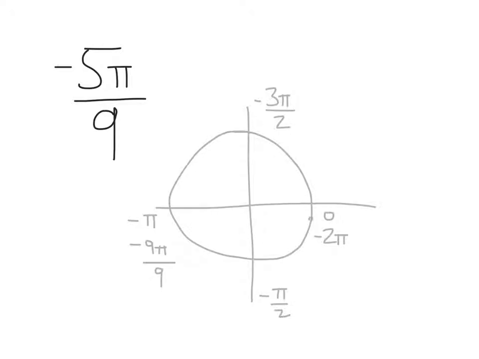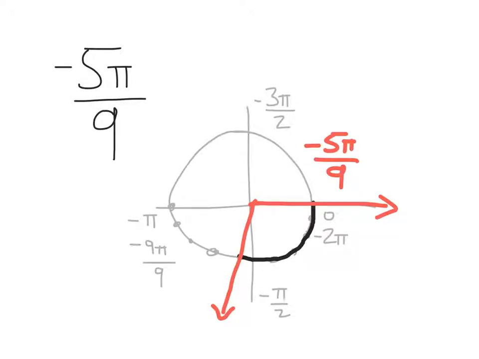So here's 1, 2, 3, 4, 5, 6, 7, 8, 9. So there's my pi broken up into ninths. So I'll travel around the circle 5 of them. 1, 2, 3, 4, 5. And that's where my rotation ends up.